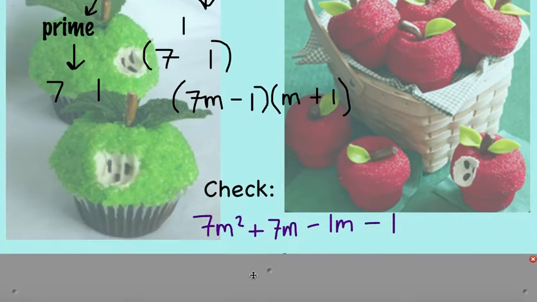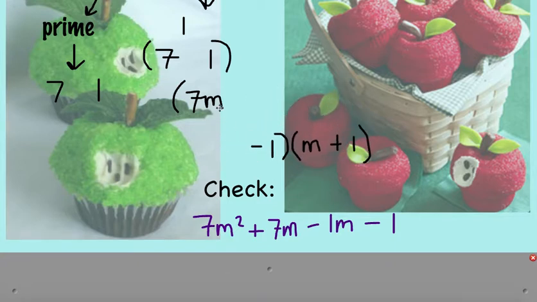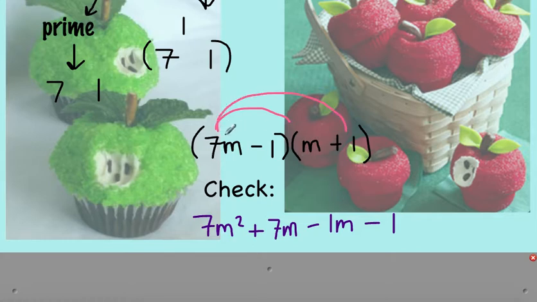here's my check step down here. When I multiply this out, I'm going to get 7m squared from my first terms, and then for my outer terms, I'm going to get 7m, and for my inner terms, I'm going to get negative 1m, and for my last terms, I'm going to get a negative 1.